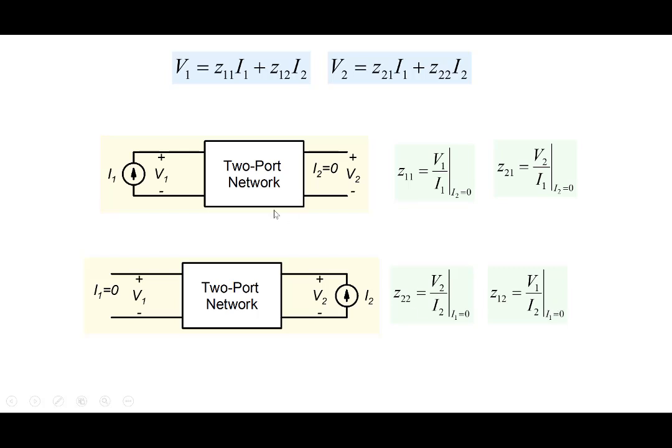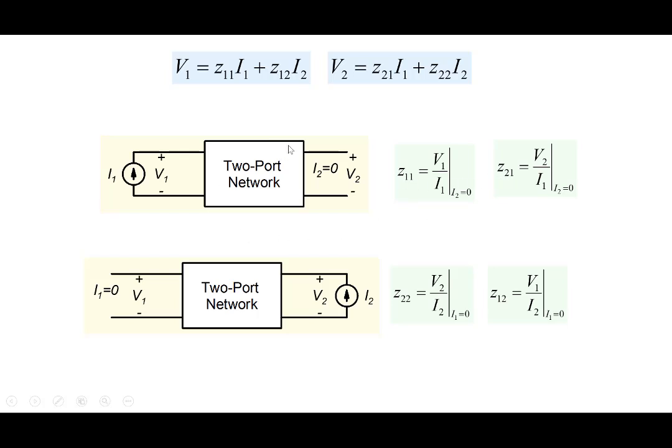So note that, given any circuit, you could open circuit these terminals, apply a source here, then use KCL, KVL, whatever technique we've already done, analyze it, take these ratios and determine the parameters. Experimentally, you could do the same thing: open circuit it, apply a source, experimentally measure V1 and V2, and therefore you have Z11 and Z21.